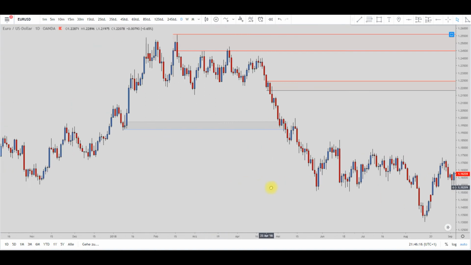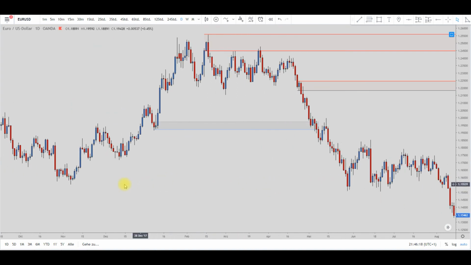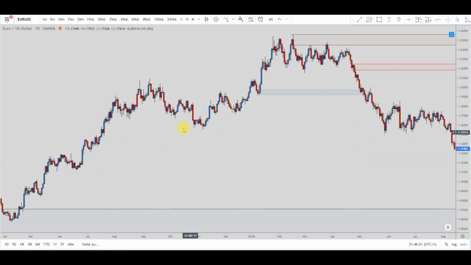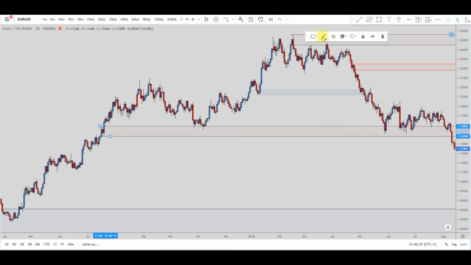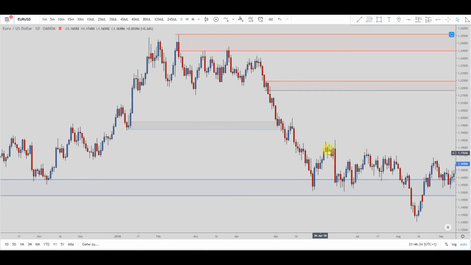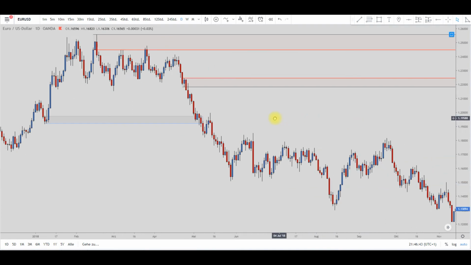Traded into something that was on this side here, on the left side. That was demand. Bounced off it. Obviously was taken out later, so I'll take it out.